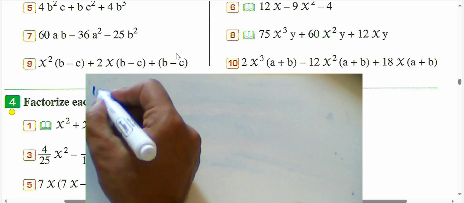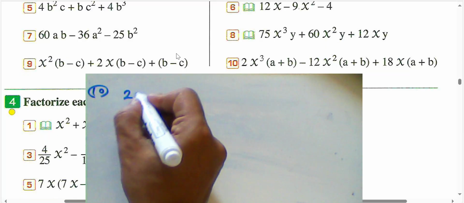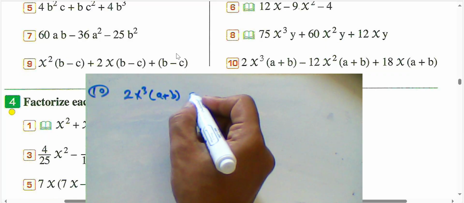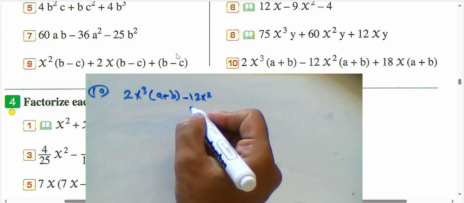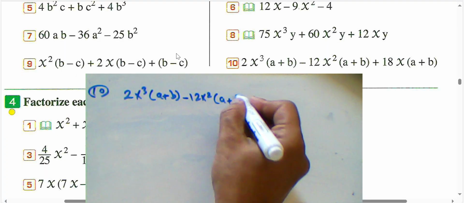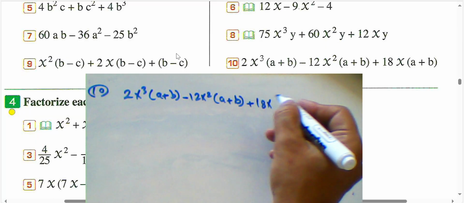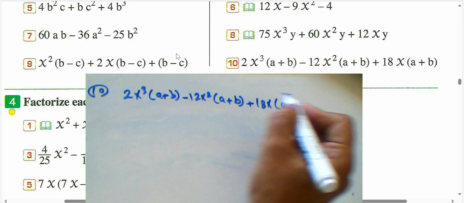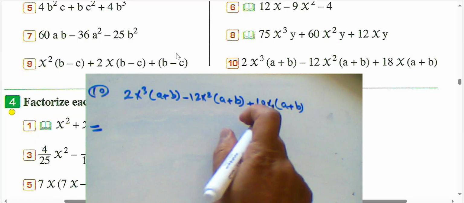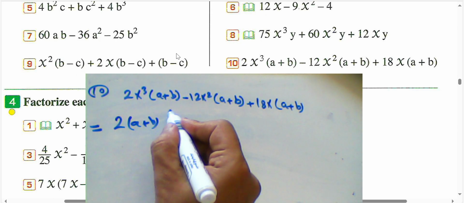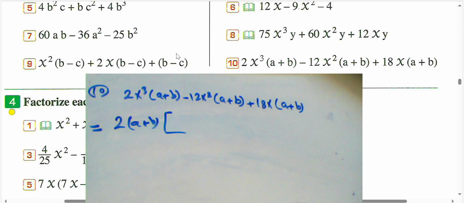Question number 10. We have 2x^3(a + b) - 12x^2(a + b) + 18x(a + b). We can write 2 as a common factor between the 3 terms, and (a + b) was repeating. Then this is the first expression divided by 2 times (a + b).